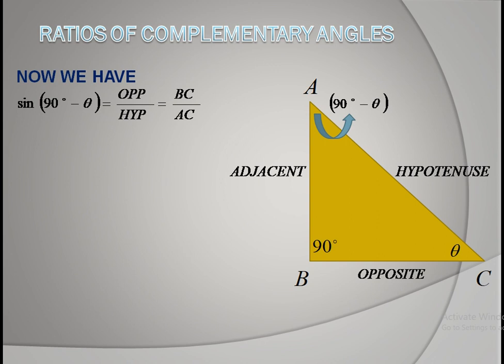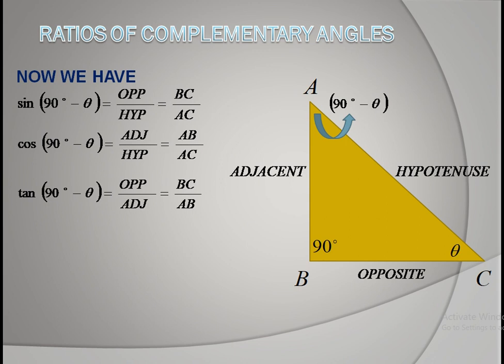Here we see in the figure that the opposite side is BC and the hypotenuse is AC. Next, cos of 90 degrees minus theta is equal to adjacent by hypotenuse. Here the adjacent side is AB and the hypotenuse is AC. So cos of 90 degrees minus theta is equal to AB by AC.